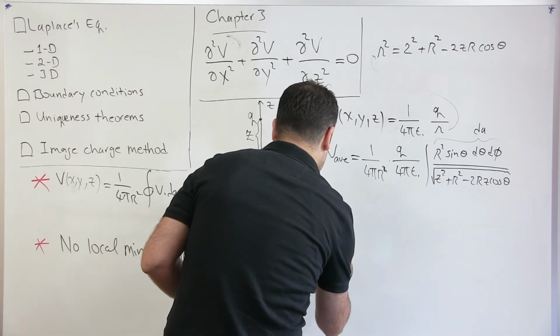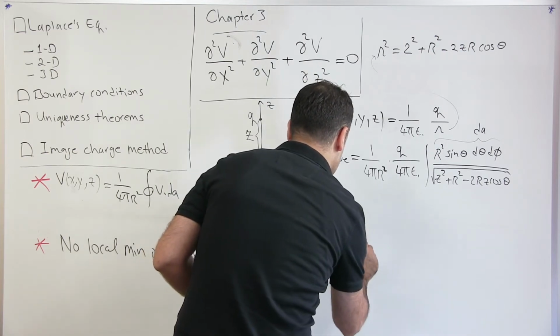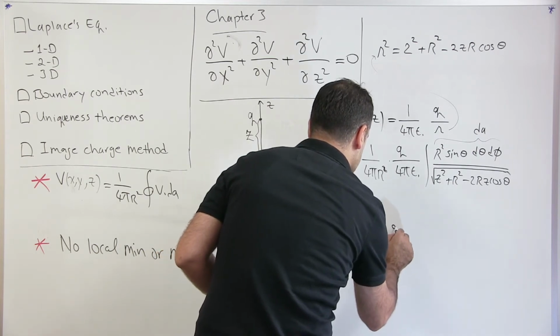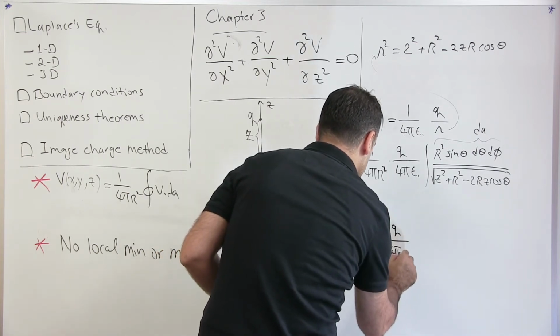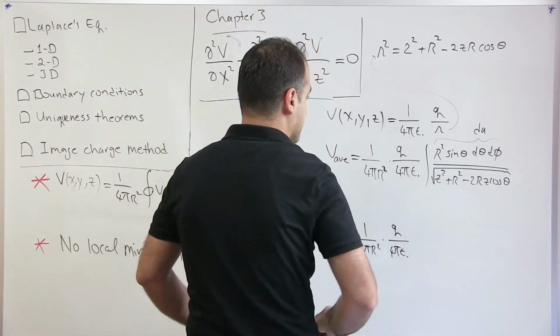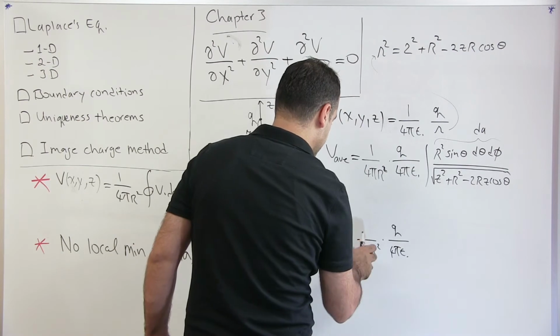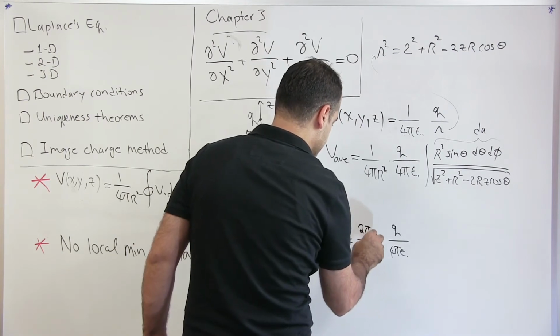The integral, okay, as a function of theta becomes, I'm going to write V average is 1 over 4 pi r squared times q over 4 pi epsilon 0. Okay, so the integral of d phi gives me a 2 pi factor. I'm going to add that here, 2 pi.